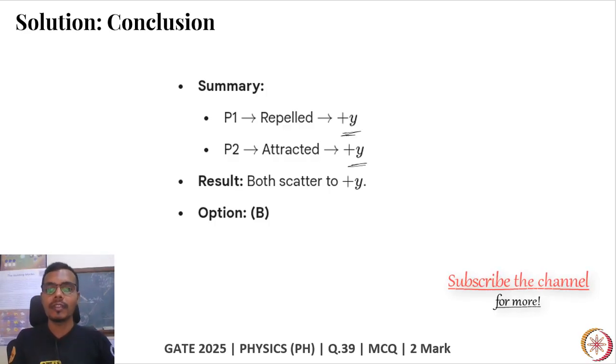The forces were repulsive and attractive, but that gave us both being scattered along the positive y direction. This creates a left-right asymmetry in the scattering, which is a signature of spin-dependent forces. Checking the options, this corresponds to option B.